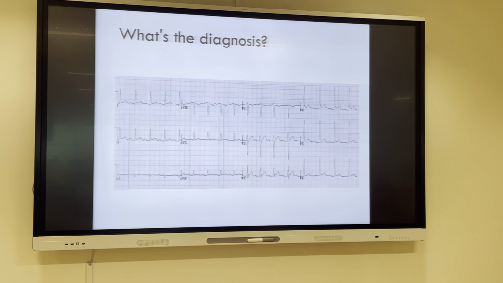Q wave. Here, you worry about this Q wave. Why is the deflection in V2 not a Q wave? Because it is after an R wave.